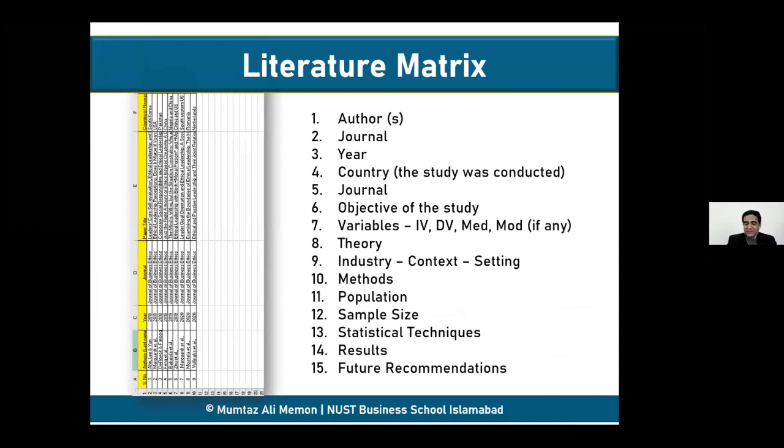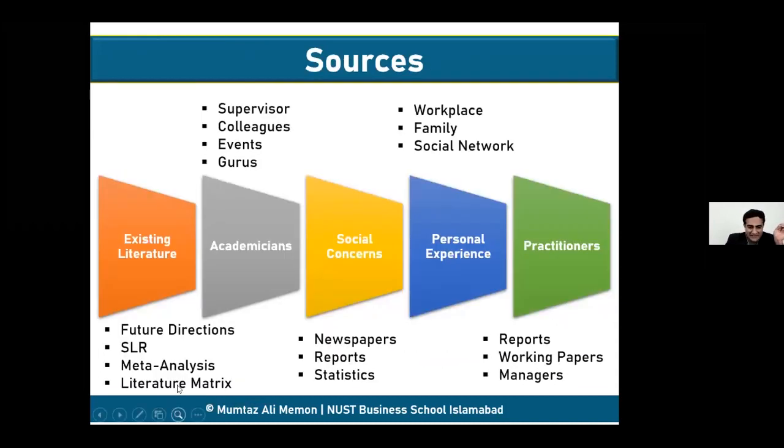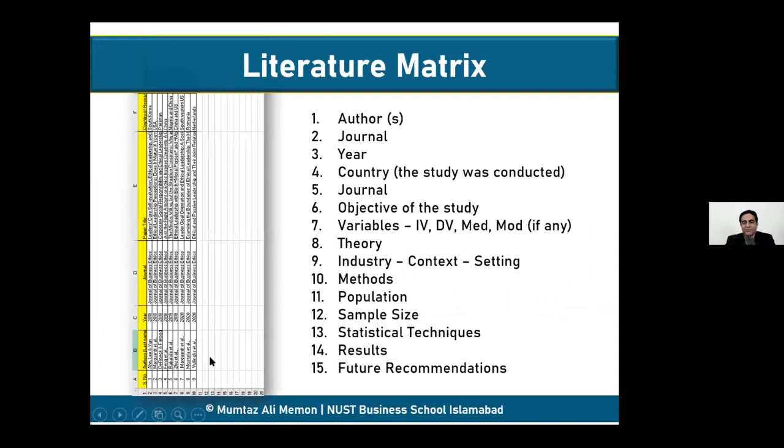Another, I mentioned in my previous slide the existing literature, but here I'm mentioning how you utilize a literature matrix. A literature matrix, I think, is a very common way of compiling and mapping your literature. Some people use this activity as a literature mapping, but I usually use it as a literature matrix.